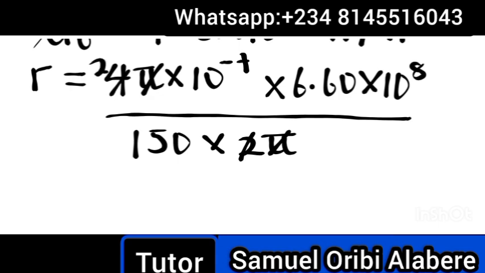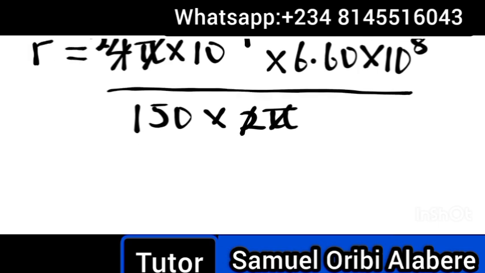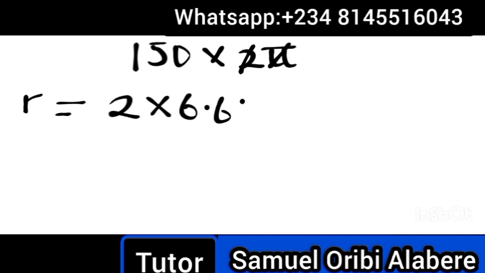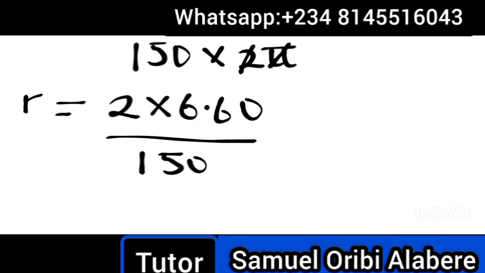So we are now going to simplify this as r will now be equals to 2 times 6.60 all over 150 times 10 raised to power 1.